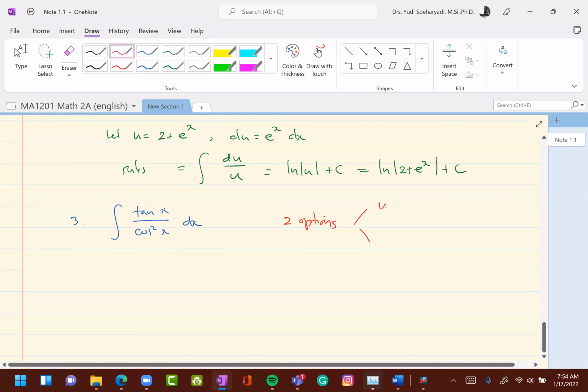Say u is tangent, and the other is you say the cosine square, or just cosine x.